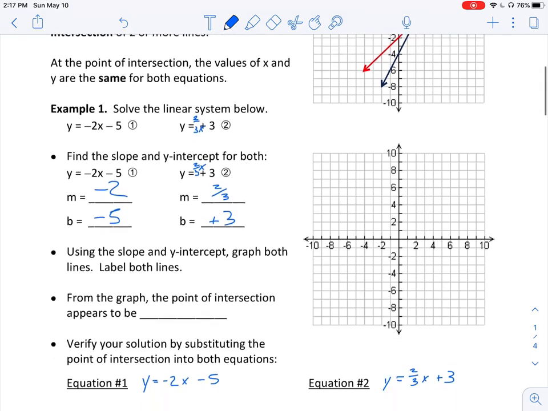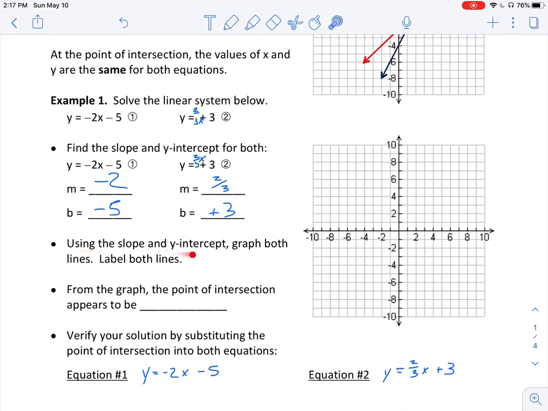Now, using the slope and y-intercept, I'm going to graph both lines. I'm going to take my first line and my second line and graph them over here. My first line is y equals negative 2x minus 5. Let's keep that in blue. My y-intercept is negative 5, and my slope is negative 2, or negative 2 over 1.